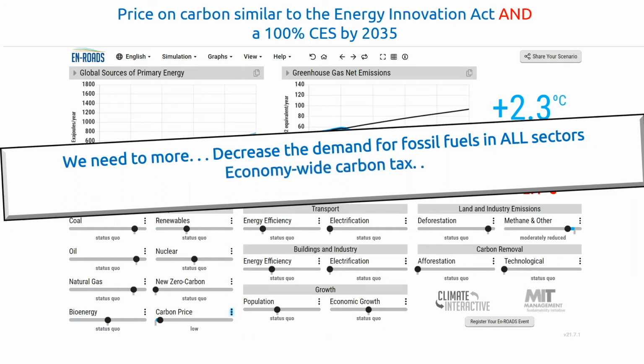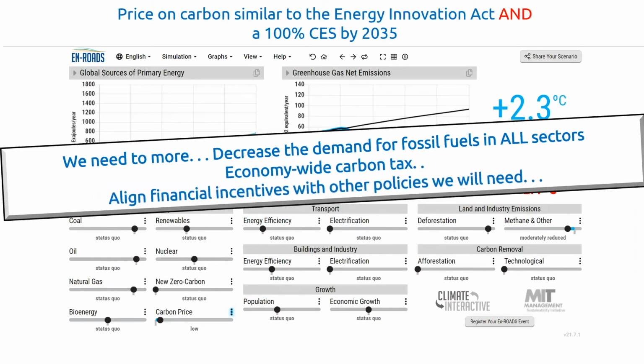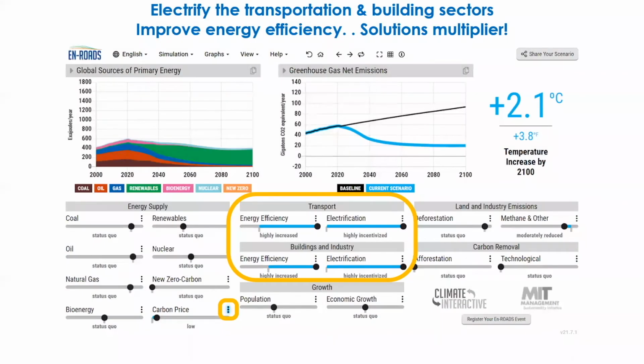The Energy Innovation Act is so important because it decreases the demand for fossil fuels in all sectors of the economy, not just the electricity sector. And so it aligns financial incentives with other policies that we will still need. I showed you earlier how important energy efficiency and electrification of the transportation and building sectors are.